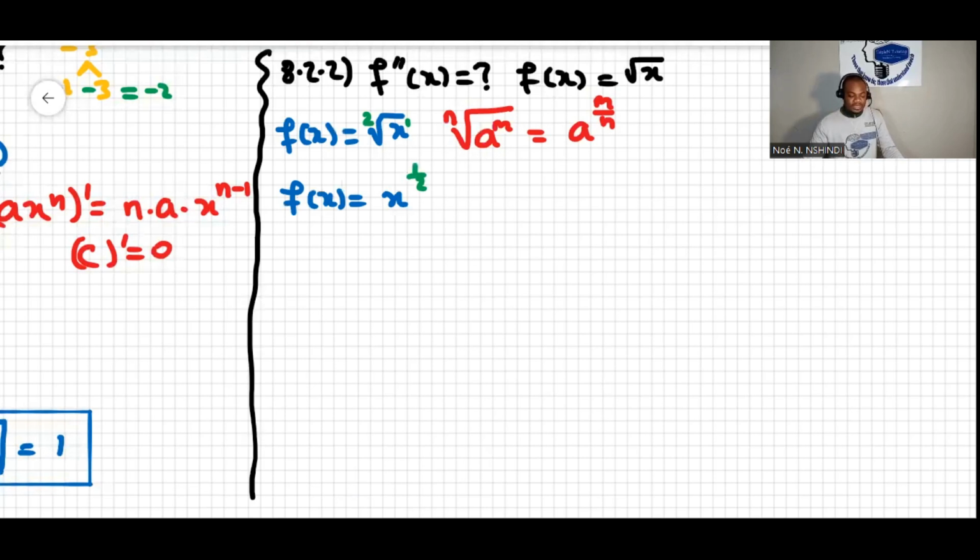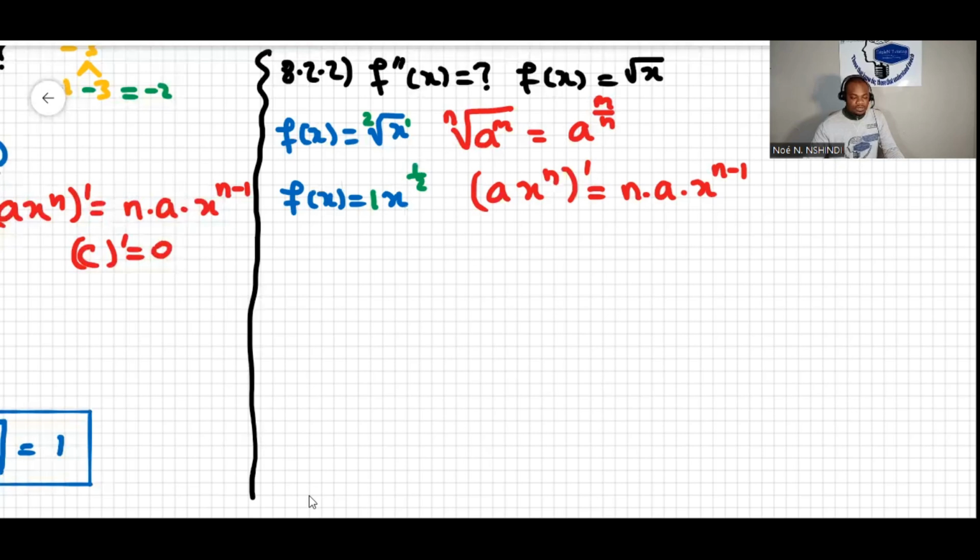So we have this, and then we can now apply the rule for differentiation. If you have a x to the power of n, the derivative is equal to n times a times x to the n minus 1. Now over here, a is just 1, and n is a half.